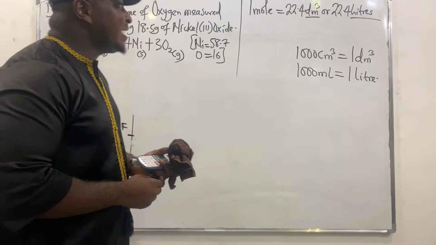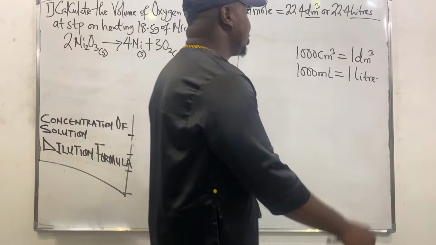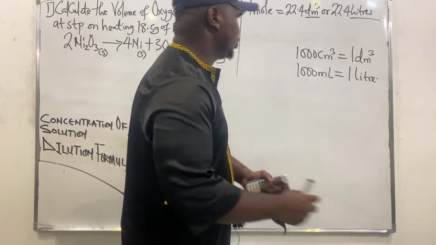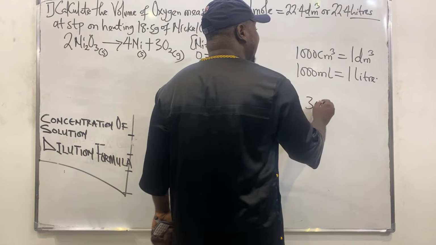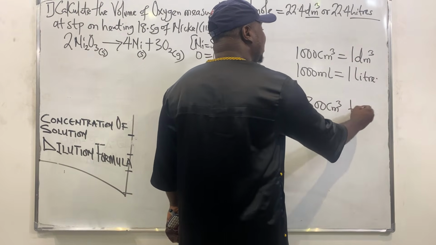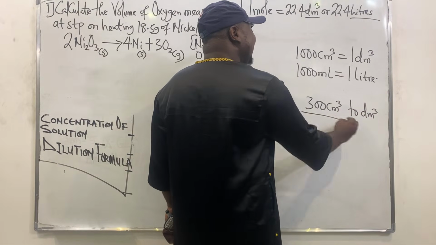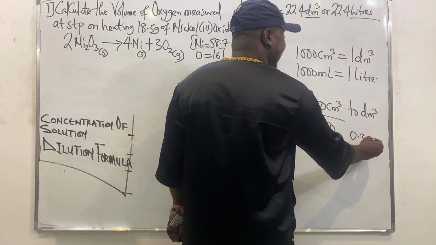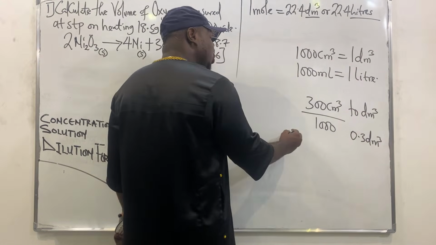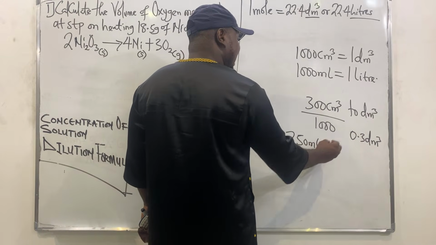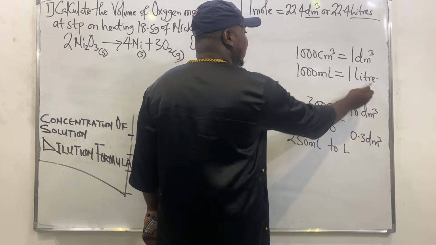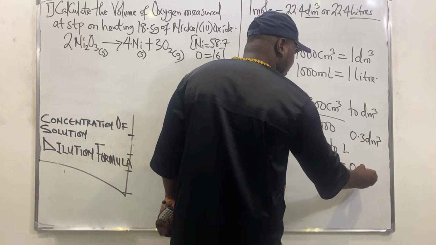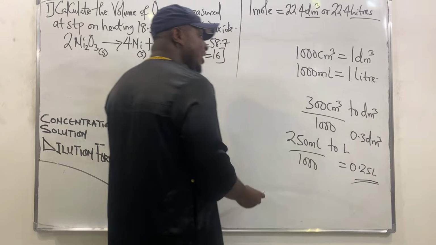So if someone gives you 300 cm cube and you have to convert it to dm cube, just divide by 1000. That will be 0.3 dm cube. Or someone gives you 250 mil and says go to liter, divide by 1000, and I have 0.25 liters.